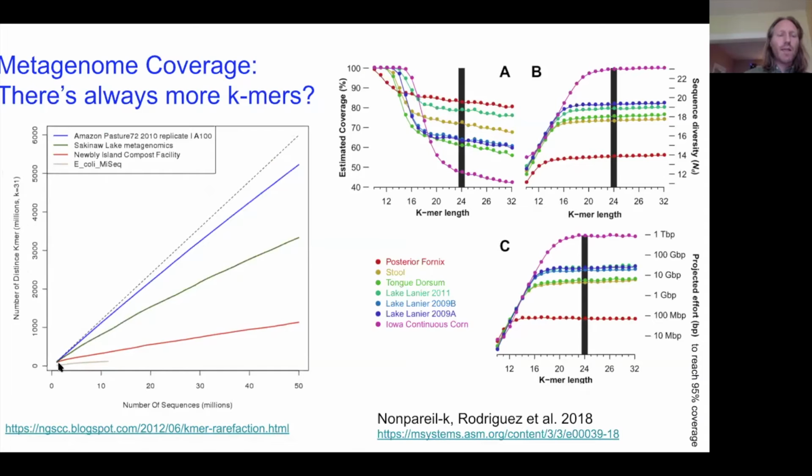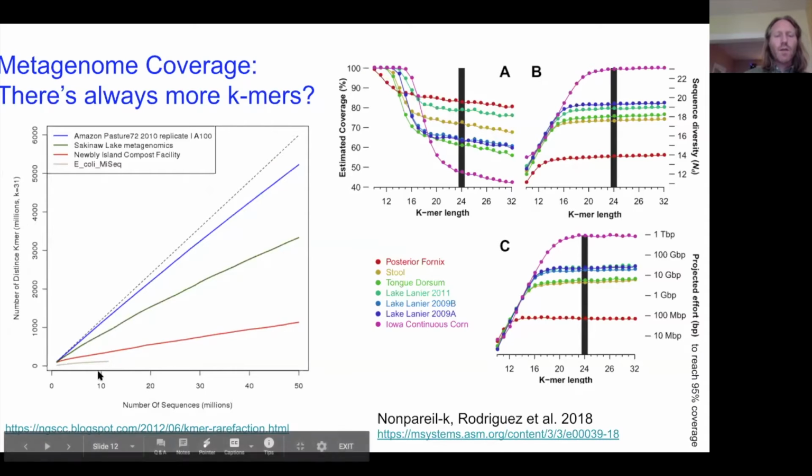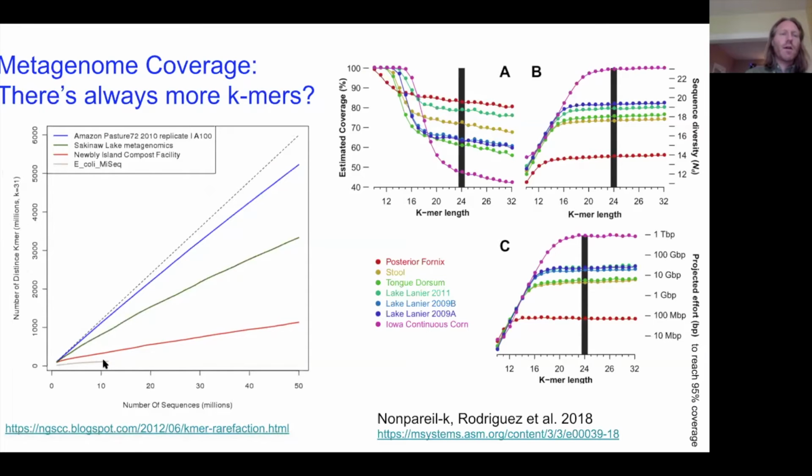The bottom one is E. coli. So about 10 million reads will essentially saturate your k-mer curve for E. coli. And you could ask, why isn't that number closer to 4 million? Because that's the number of k-mers that should be in a genome sequence that's about 4 million base pairs long.